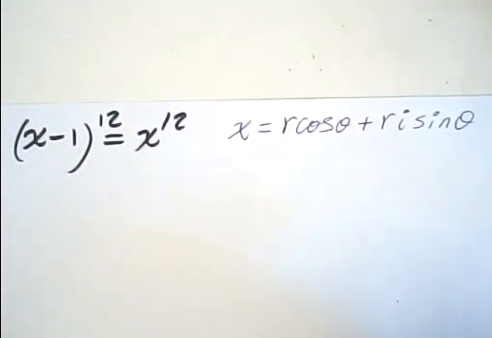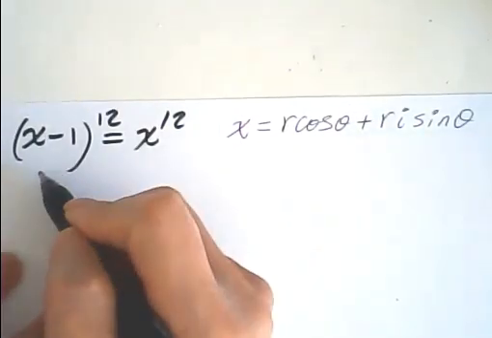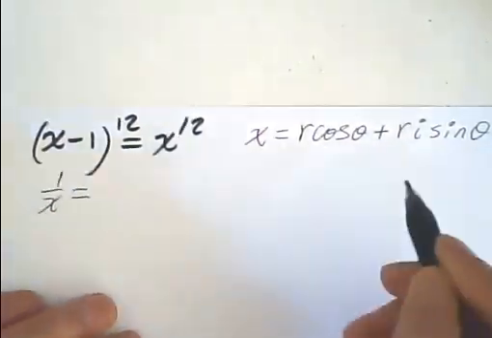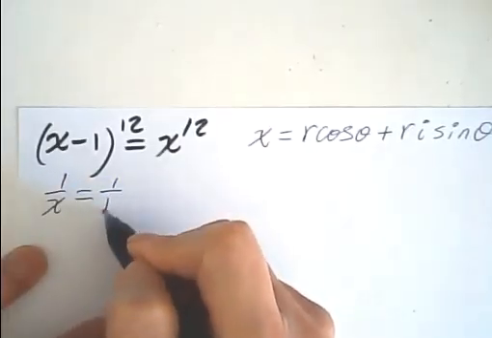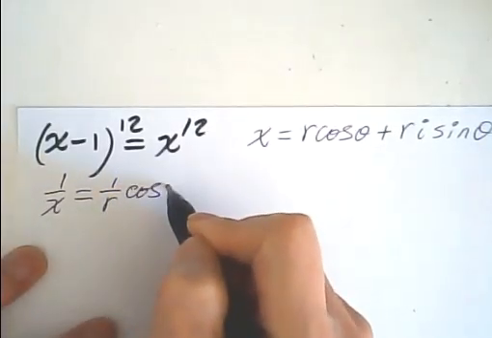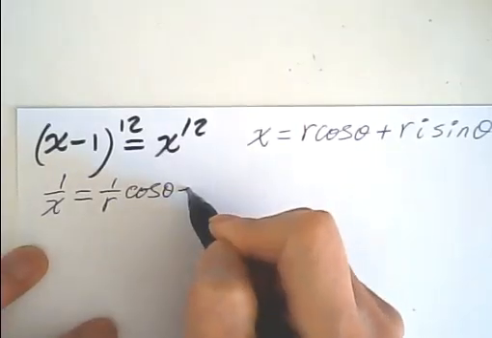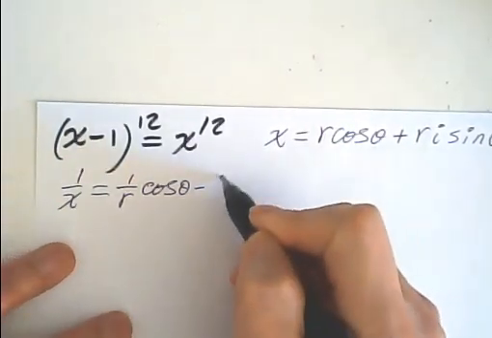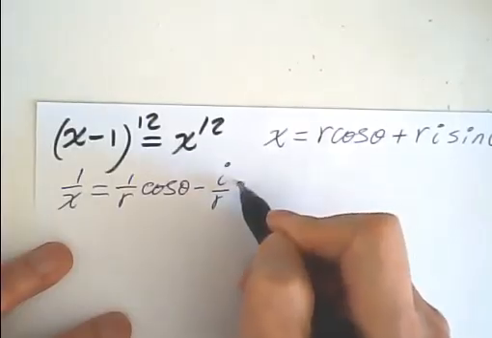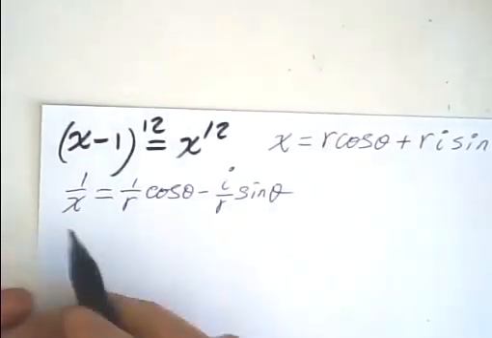Then 1 over x is what? 1 over x is equal to 1 over r cosine theta minus I 1 over r sine theta, right? That is 1 over x.